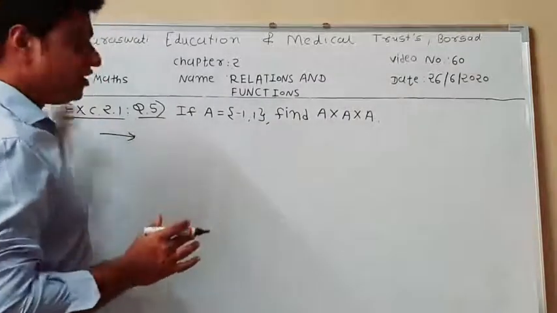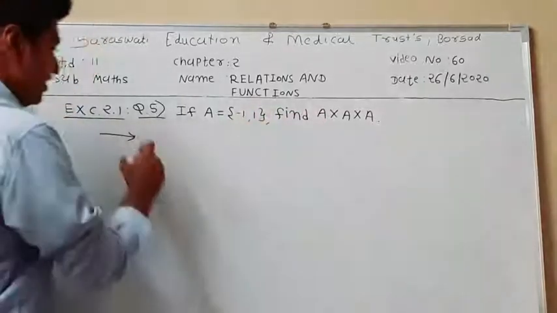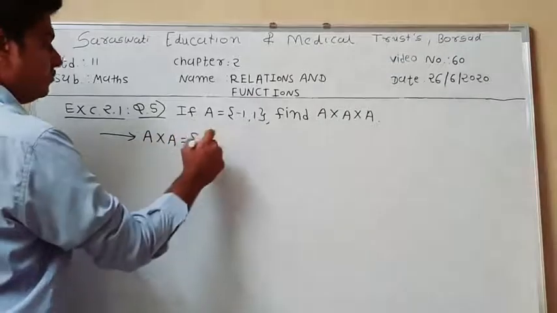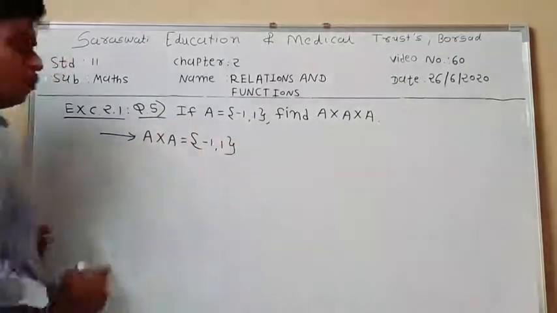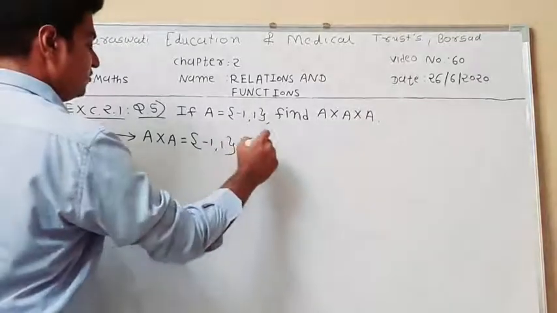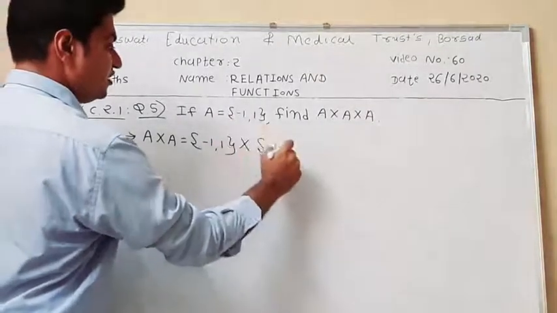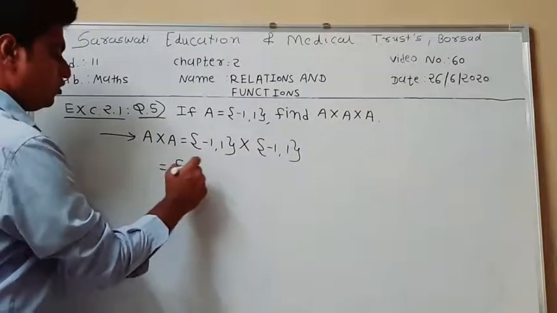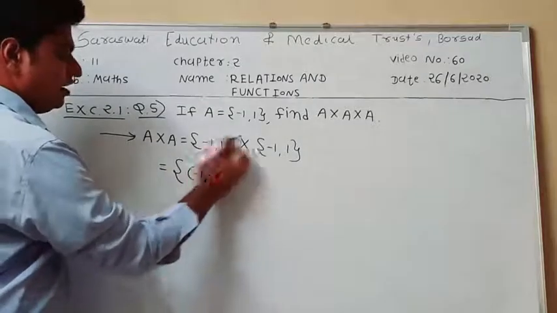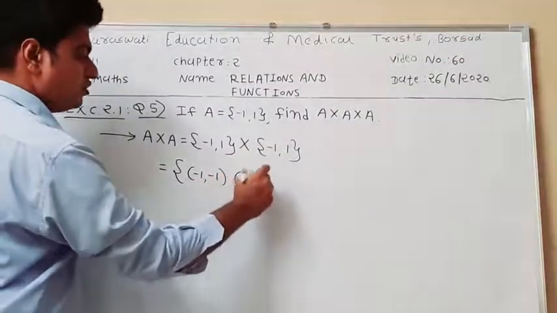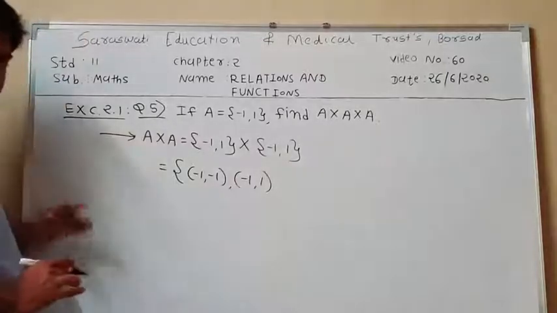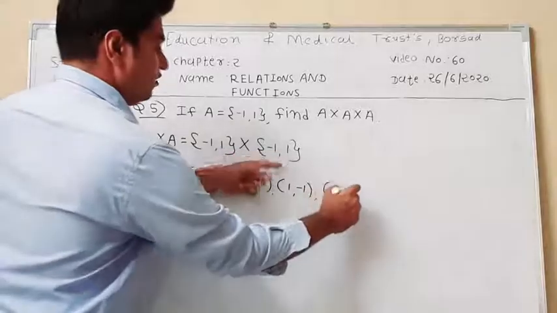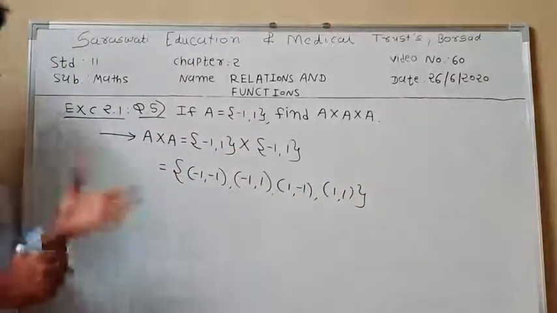First, A Cartesian product A means A in place of {-1, 1} Cartesian product another A in place of {-1, 1}. After the product of these terms, the set is (-1,-1), (-1,1), (1,-1), and (1,1). So here we get 4 ordered pairs.